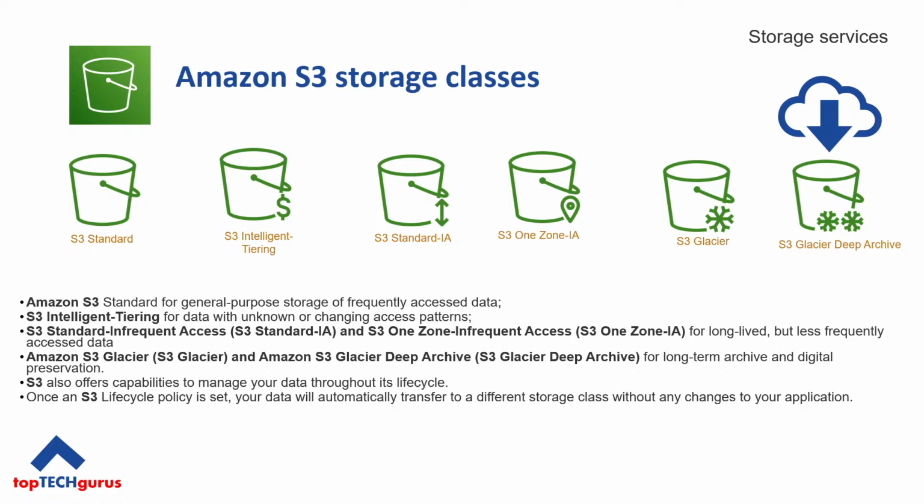Okay, let me step back. These are storage classes, that is, things that you choose as options when you set up an Amazon S3 bucket. When you create an S3 bucket, you choose what storage class you want it to be in. Based on what you choose, you will pay higher or lower. Typically, the lower paying option would be for files that you rarely retrieve.